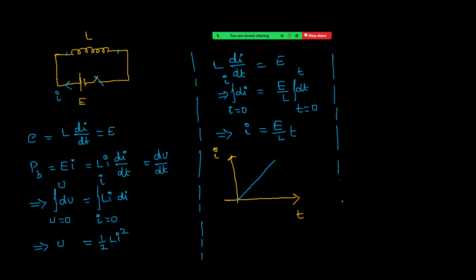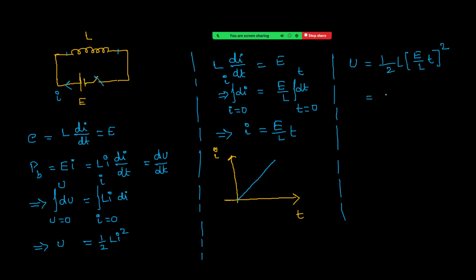See carefully. Potential energy, we got half Li square. In the place of I, I am writing here this result, E by L into T, in half Li square.